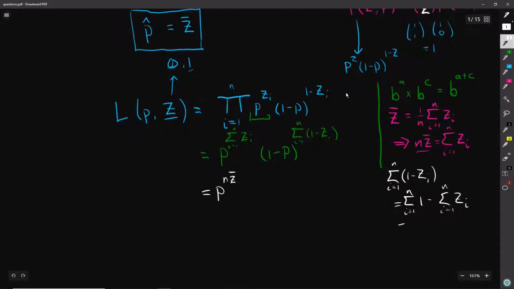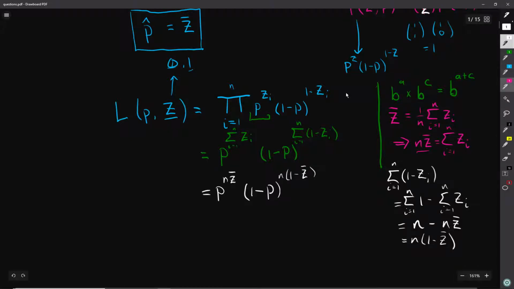This first one, we're summing up n ones. That's going to be n. This second one, we looked here and we saw this is n z bar. And so this is n times 1 minus z bar. Okay, and so now we have 1 minus p to the n times 1 minus z bar. So this is our likelihood function.